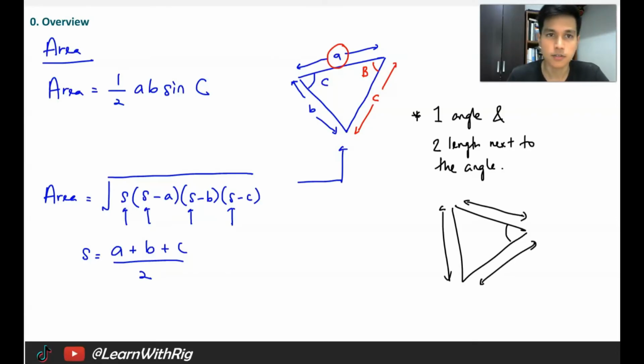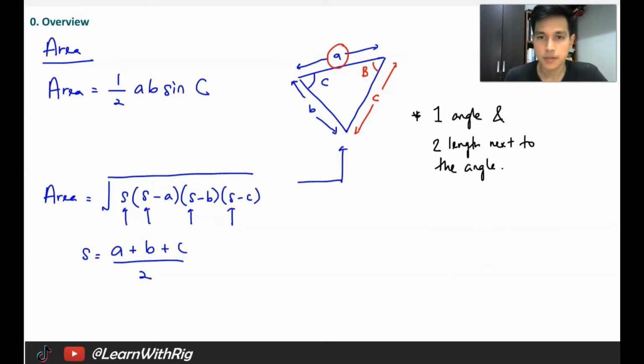Let's say you only have these two here and here, you cannot solve, because you don't have this angle. If you want to use these two, you have to find this angle instead. So make sure you have one angle and two lengths that are next to the angle.